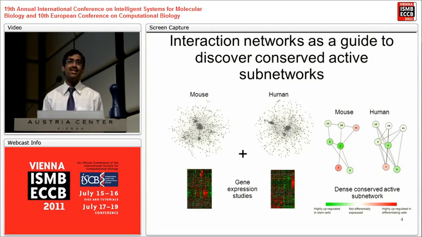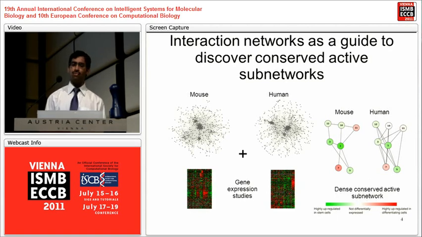So in this figure, green genes means these are genes active in stem cells, red genes means they are active in differentiating cells, and we have developed an approach to discover subnetworks of the functional linkage networks that contain active genes from the expression study.